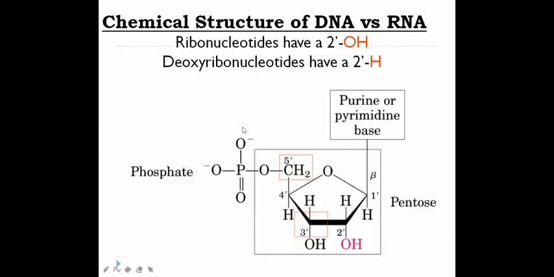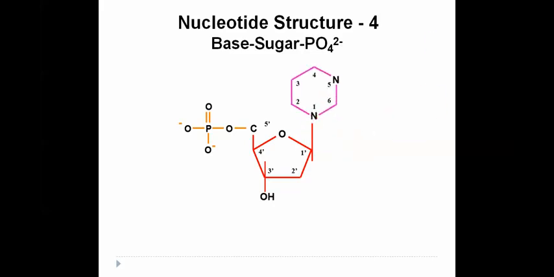Okay. So structure again. Ribonucleic acids, remember we said, have a hydroxyl group at position 2, and position 3 is also a hydroxyl group. Then the deoxyribonucleic acids have a hydrogen at position 2. In the diagram we have a nucleotide with a phosphate and a purine or pyrimidine, which is a nitrogenous base.